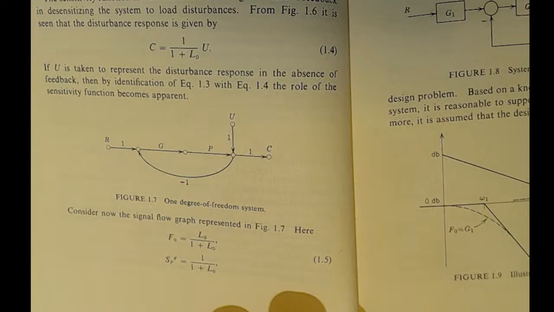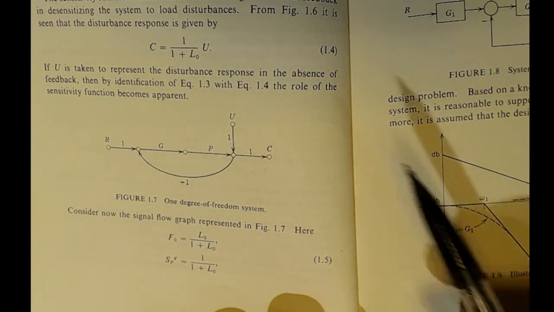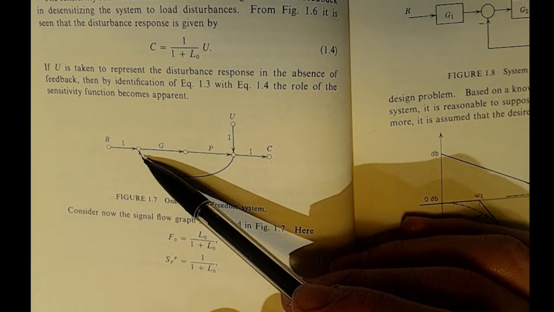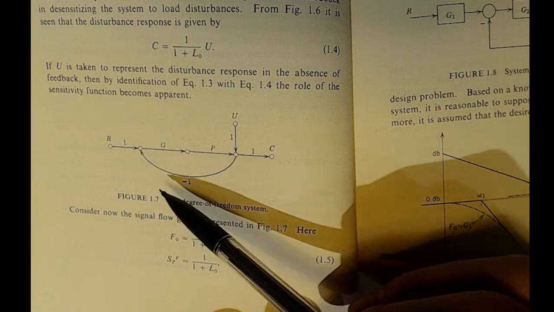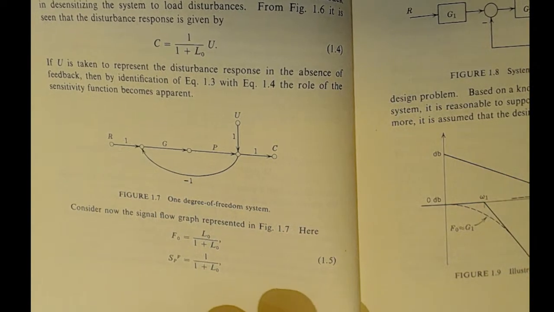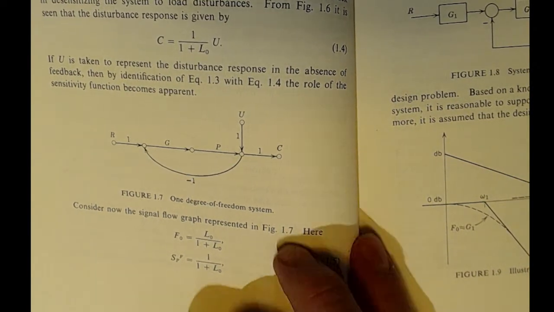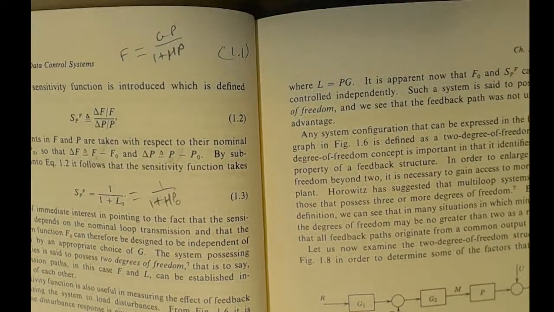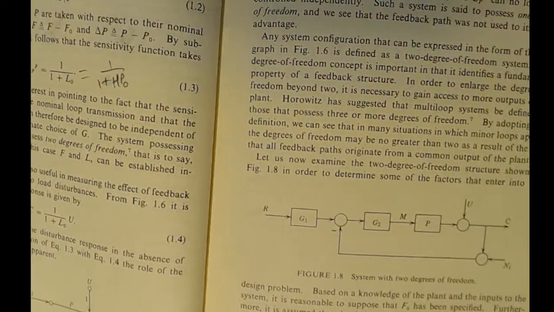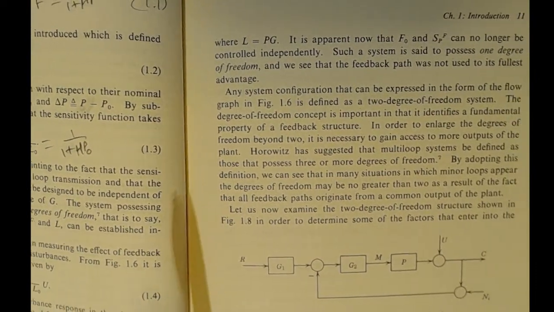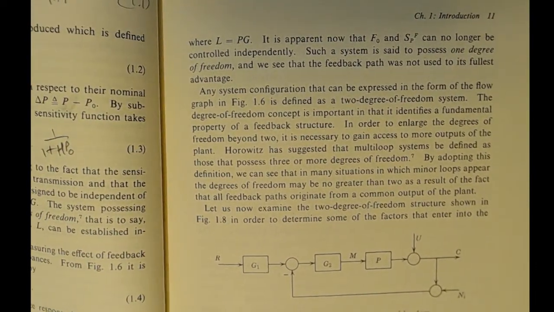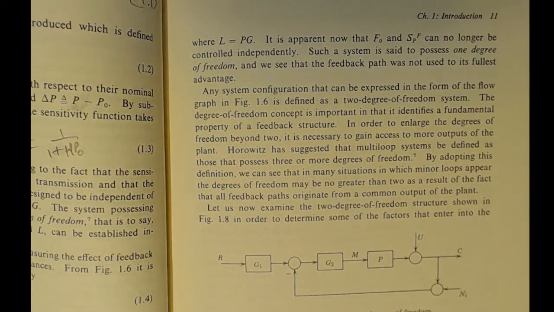There is now the signal flow graph represented in figure 1.7, where for some reason G is now after the subtractor, but we're directly subtracting U. I don't exactly know what's going on here. Then they write down some equations, and they say it is apparent now that F naught and S P F, wait, what?